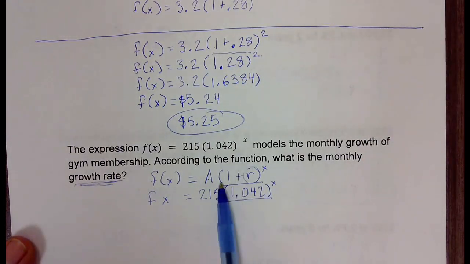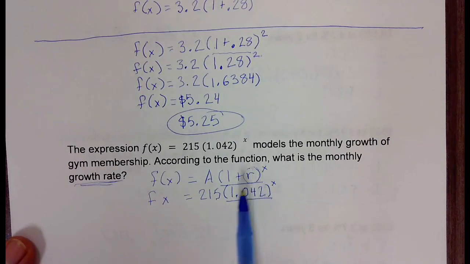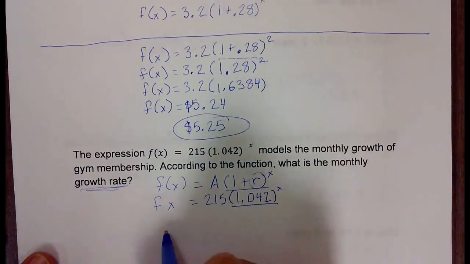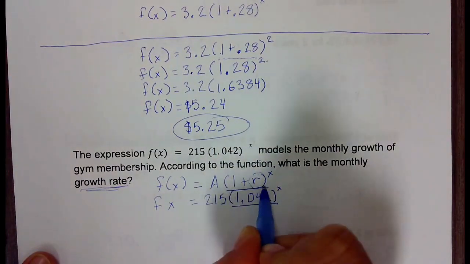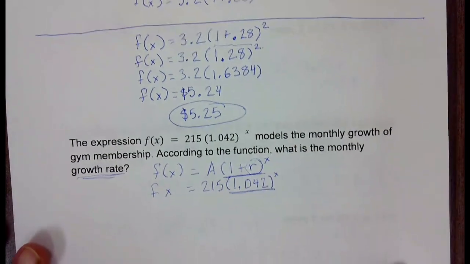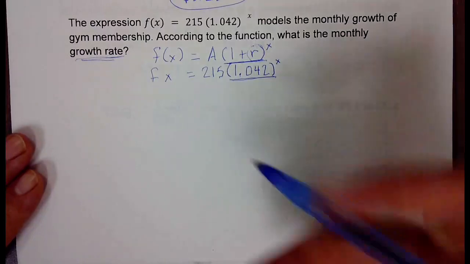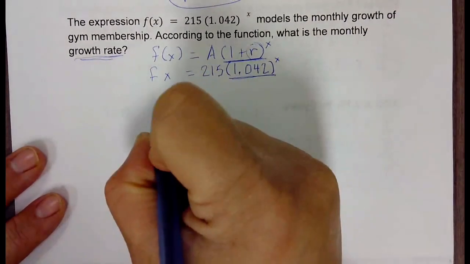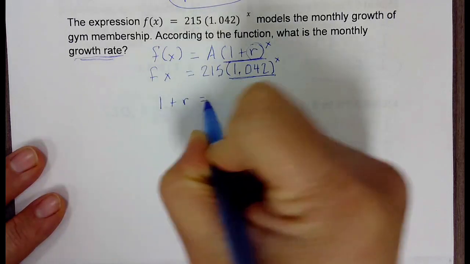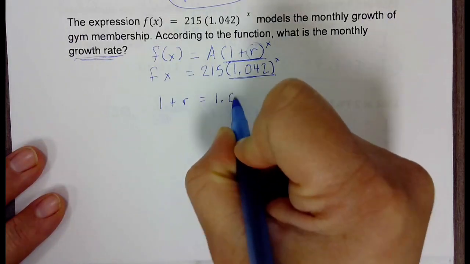Here I have 1 plus the rate, and that equals 1.042. That's going to be my rate. So I know this section in parentheses here is equal to this section in parentheses here. So I'm going to write that as an equation that I can solve. 1 plus R equals 1.042.